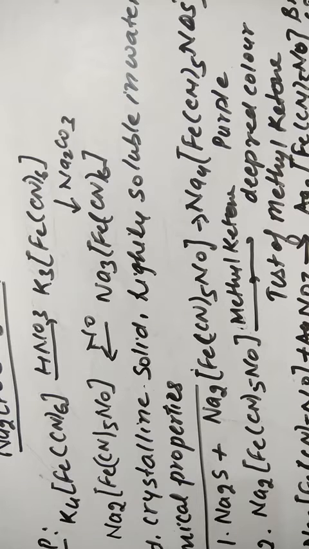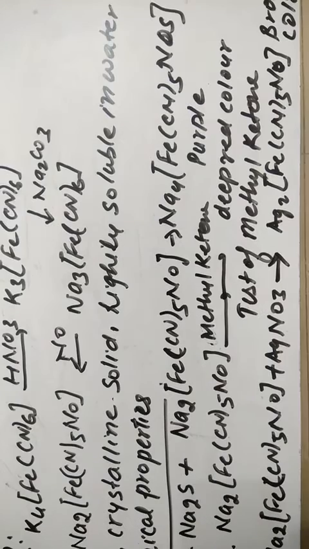And here is how to test: if sodium sulfide reacts with sodium nitroprusside, then we form Na4[Fe(CN)5NOS]. That one has a purple color. If the purple color appears, it represents the presence of sulfur in the given salts. Clear, students? Now, after that we come to the next one.